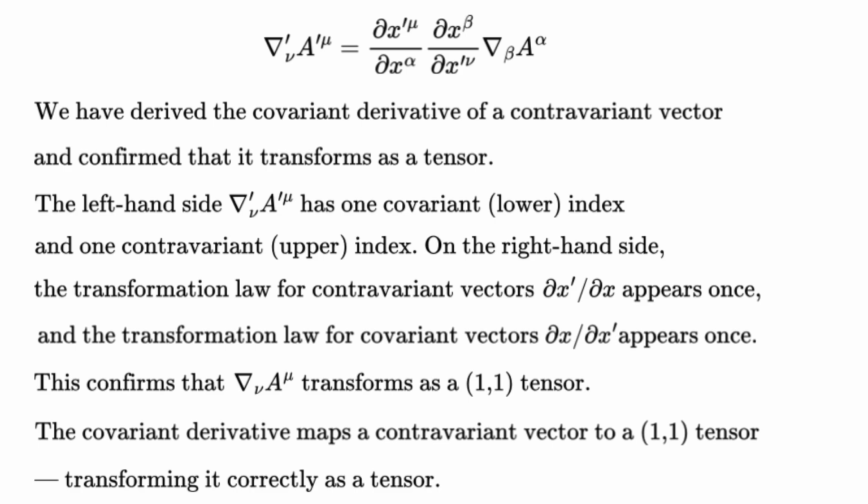On the right-hand side, the transformation law for contravariant vectors, partial x prime over partial x, appears once, and the transformation law for covariant vectors, partial x over partial x prime, appears once. This confirms that the covariant derivative of the contravariant vector A superscript mu with respect to x nu transforms as a 1 1 tensor. The covariant derivative maps a contravariant vector to a 1 1 tensor, transforming it correctly as a tensor.